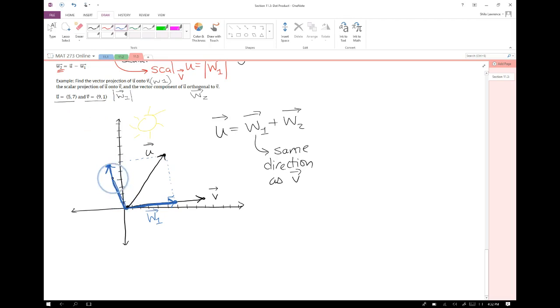So it's a little sloppy, but you see I've made a rectangle here in blue. The adjacent sides of that rectangle are w sub 1 and w sub 2, and the diagonal is u. w sub 1 will always be on top of v. So we're using v for its direction, but not its magnitude.